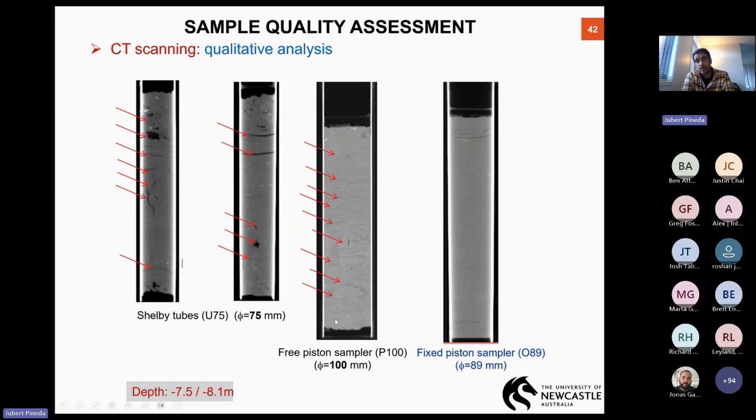The only one that has cracking or fissuring only at the top and bottom ends is the fixed piston sampler, sorry about that. So the fixed piston sampler gives you really good quality along the entire tube, except the top and bottom ends, which is really good and good enough for practitioners to be using in geotechnical design.